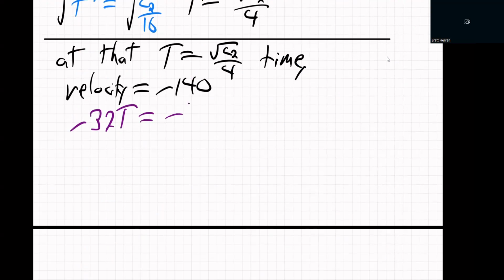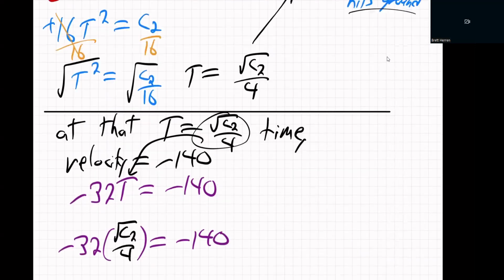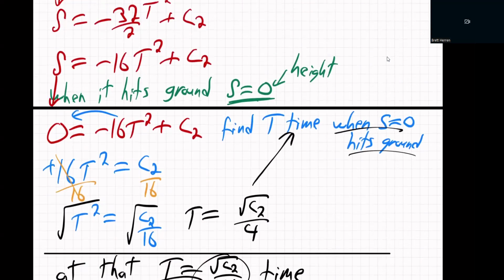It equals minus 140 at that time. So if I grab that time and plug it in there: minus 32 times the square root of C2 over 4 equals minus 140. I can solve for C2 now. Does that make sense what I'm doing? It's a little tricky, isn't it? I came up here and took the position.